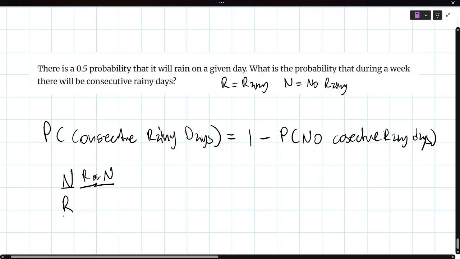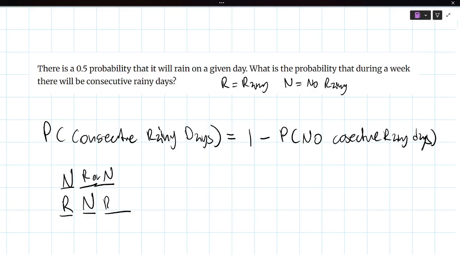If my first day is a rainy day, then necessarily my second day must be a non-rainy day, and then we have another string of R's and N's that are valid.